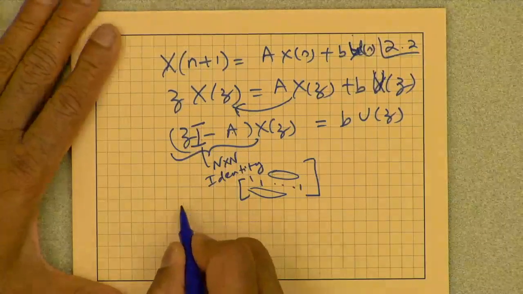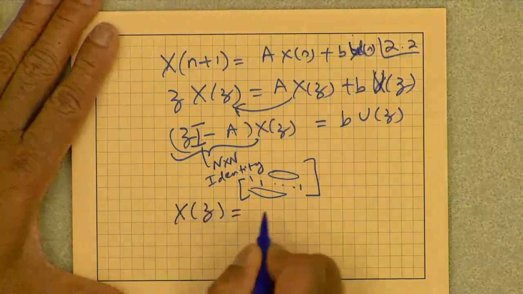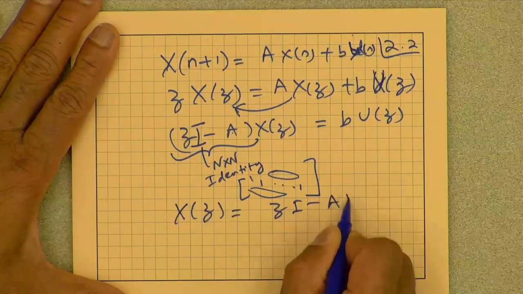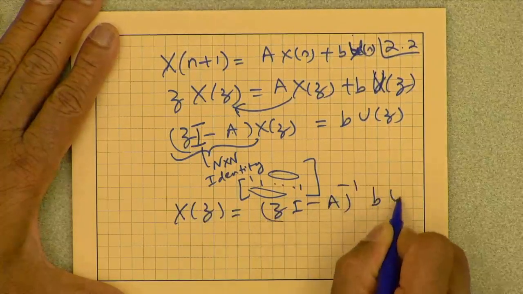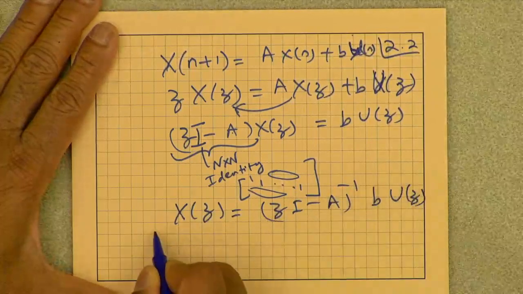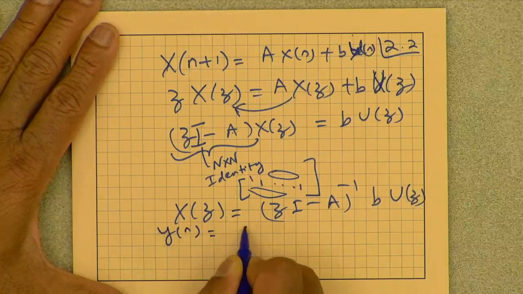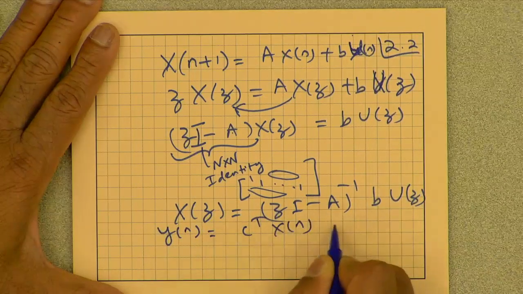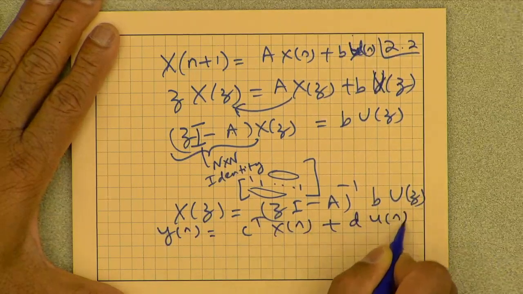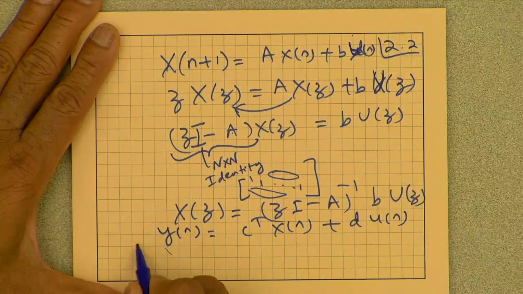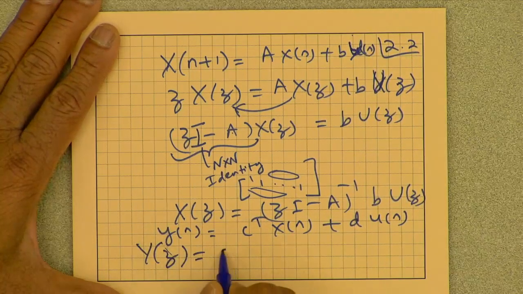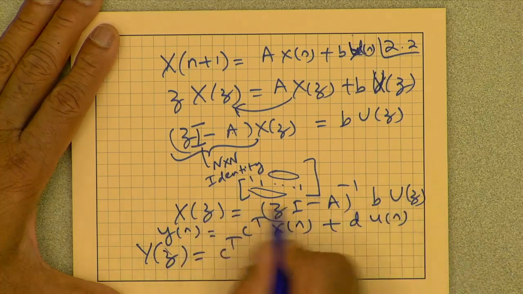Okay, so then X(z) is equal to (zI minus A) inverse times B times U(z). From the output equation, y[n] is equal to c transpose x[n] plus d u[n], and again if you take the z transform, Y(z) is equal to c transpose X(z), which is this whole thing here.